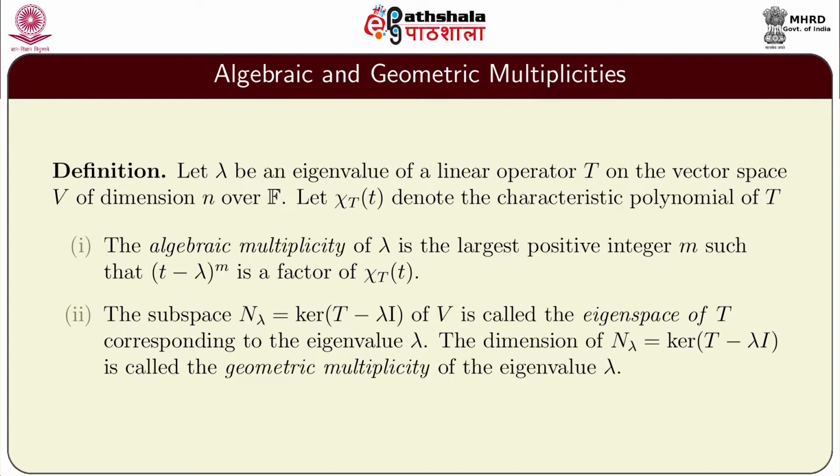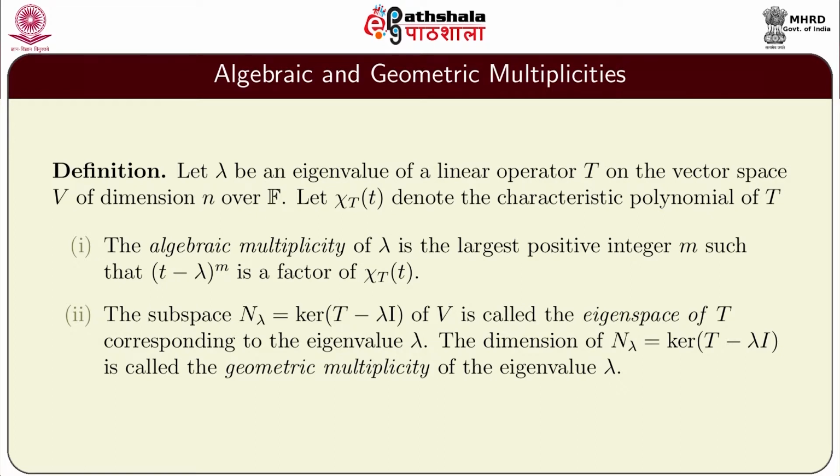Lambda is an eigenvalue, therefore, it is a 0 of the characteristic polynomial, that means chi t of lambda is 0, and the multiplicity of lambda decides what would be a factor of chi t.